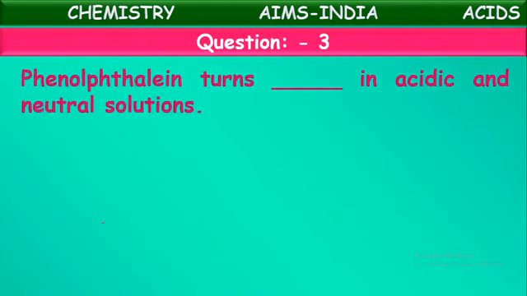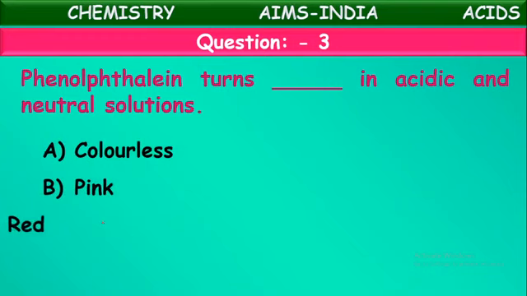Next question. Phenolphthalein turns dash in acidic and neutral solutions. So what is the color of phenolphthalein solution in the acidic and neutral solutions? Is it colorless or pink or red or green? Yes, while discussing phenolphthalein we told it won't show any color change with acid solutions.